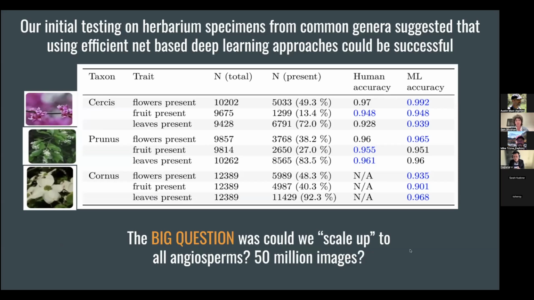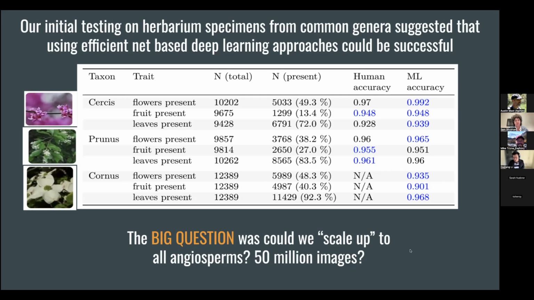Our initial pilot analysis suggests we can do a pretty good job using machine learning on some well-annotated genera. But the big question is, can we scale it up to all angiosperms? What about 15 million images from iNaturalist? When we scale up, it's very different from what we dealt with, where we had a much smaller number.